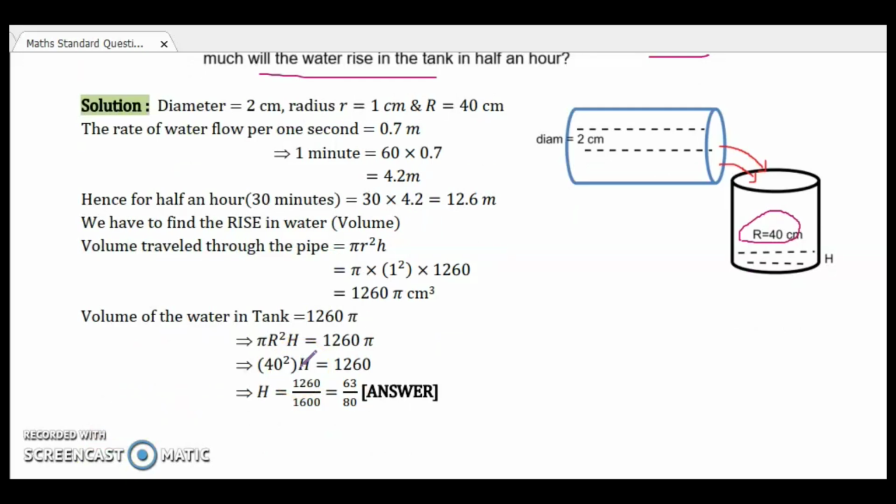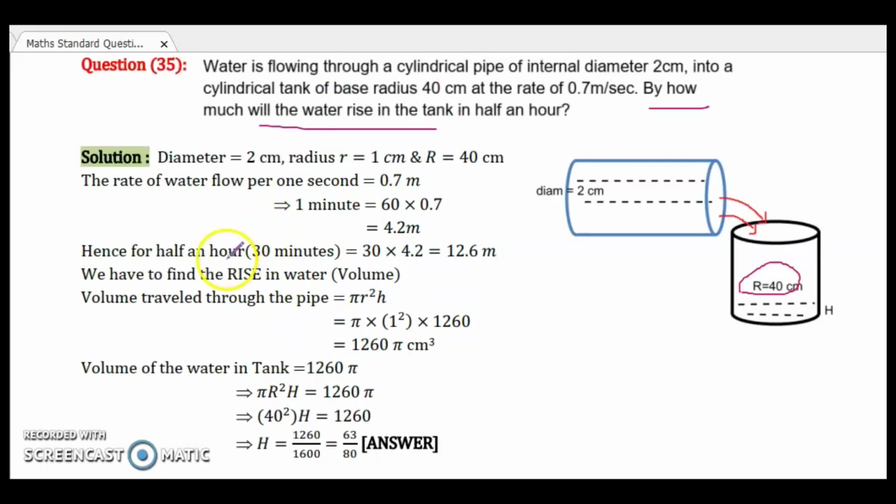Right? Okay, one point we have to observe. We have to estimate the volume of the water passing through this pipe, and the same quantity is going to be observed here, right?